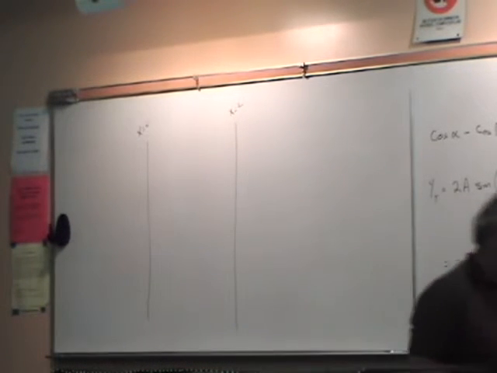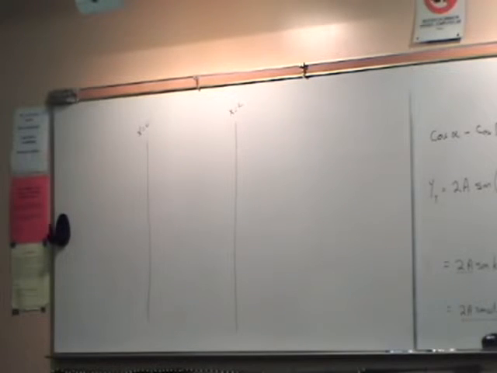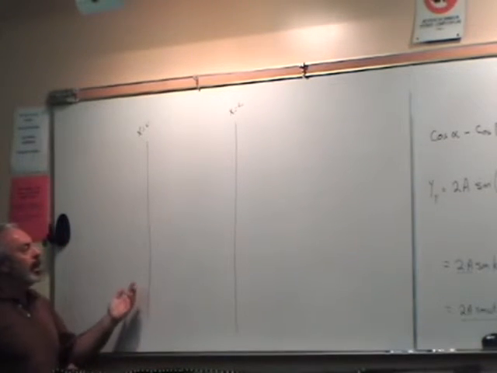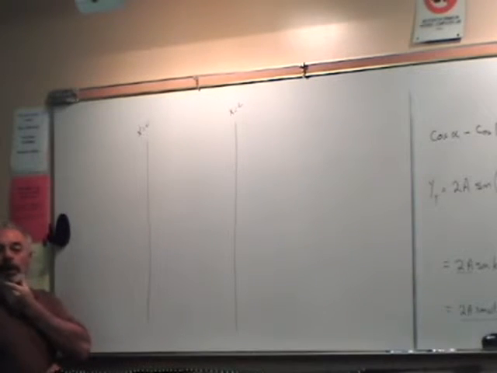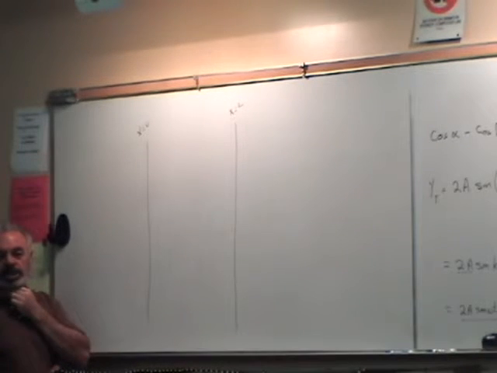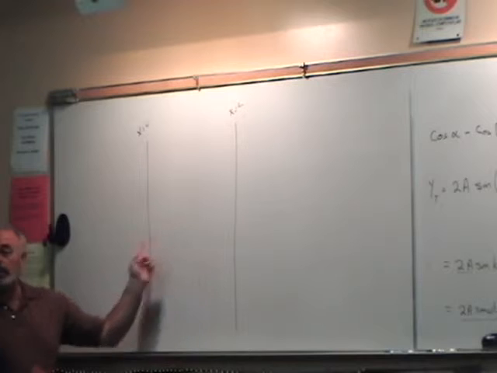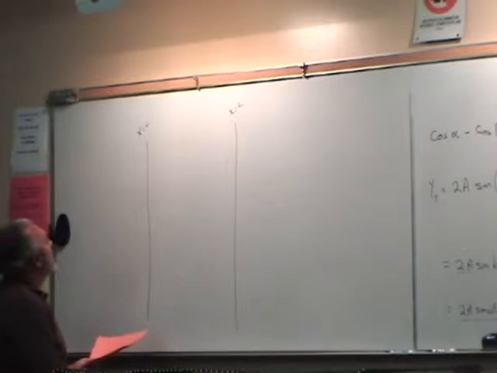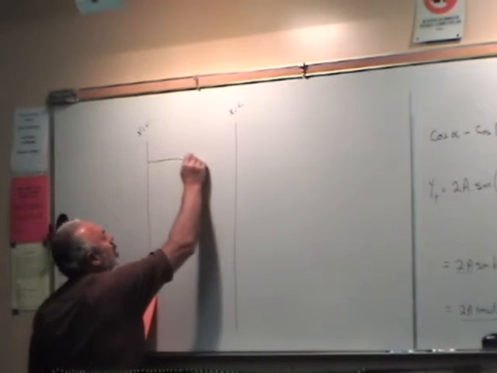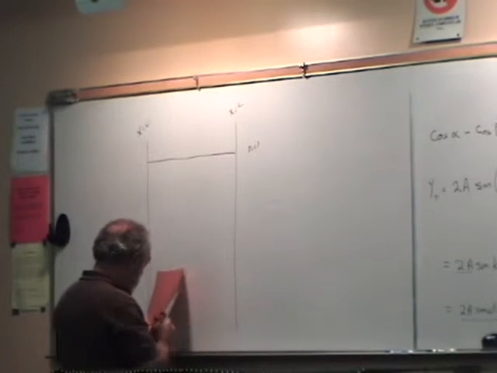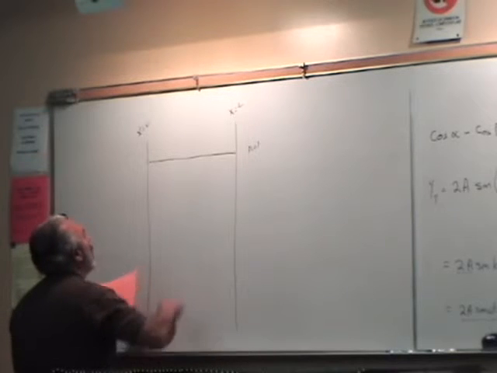And of course, using green to represent the string, the only thing that's really required when I draw the picture is that there be a node at each end. I want to draw a picture of the allowed waves that are allowed to be standing waves on this system. The only thing that really counts is that each end be a node, that's all. So let's draw this as the first case. And if you think n equals 1, in this case, my standing wave would look like this.